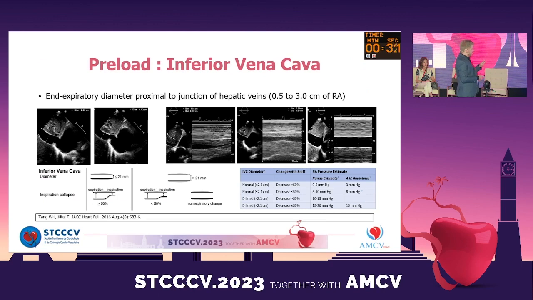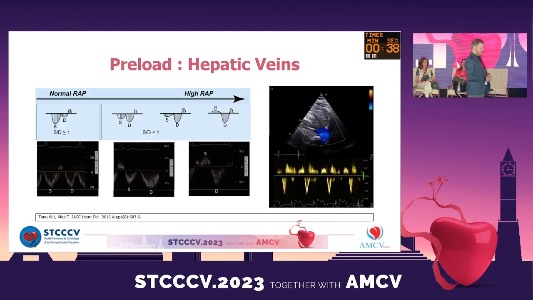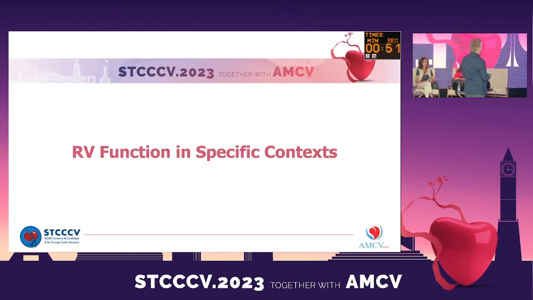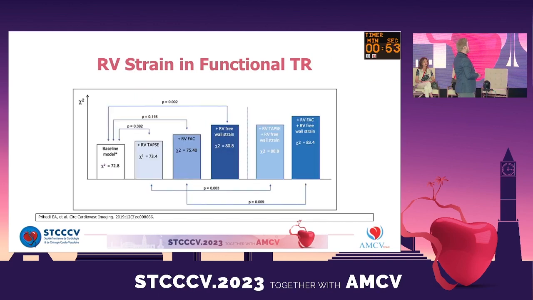And I think someone will talk about this, but it's very important to evaluate the preload with the inferior vena cava, the hepatic veins. The afterload with pulmonary pressure is very important. With the Vmax, it's not perfect, but you can trace the mean gradient, for example, and even calculate the resistance. So I will skip this part.